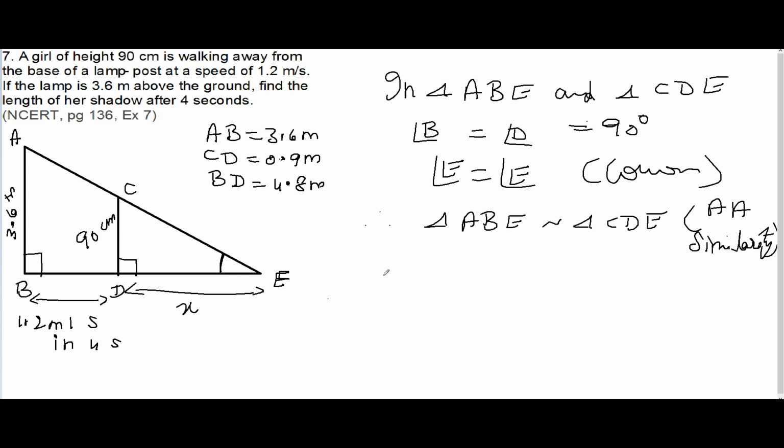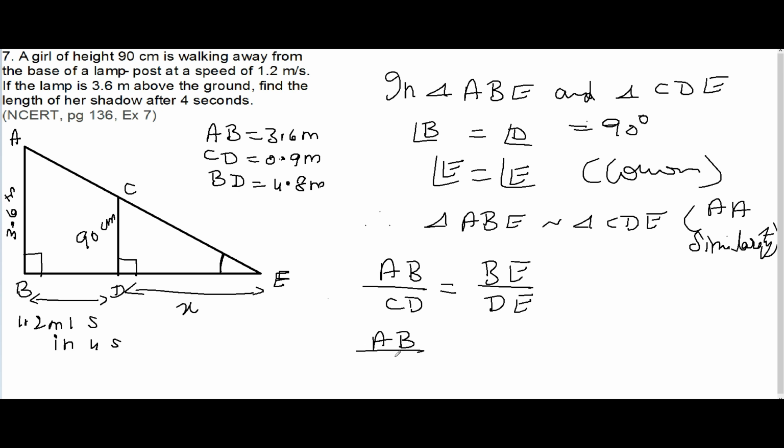Now, it is easy. We'll take the sides proportional. Both the bases we know. So, I can write AB by CD, which is equal to BE by DE. What is BE? BE is nothing but BD plus DE.